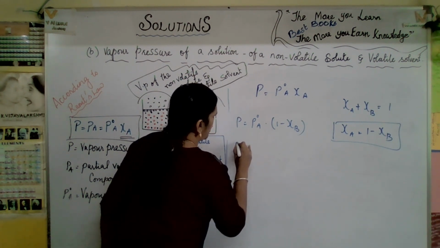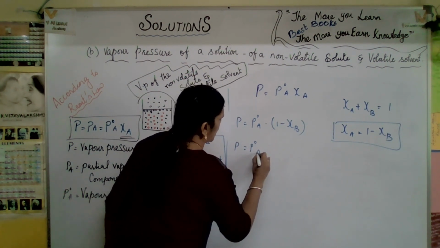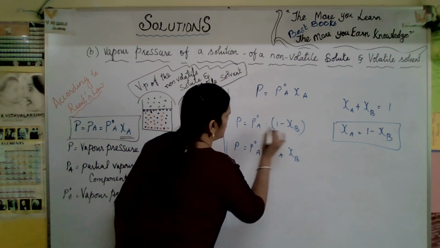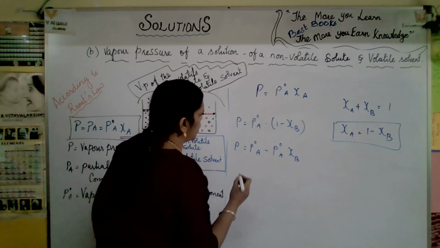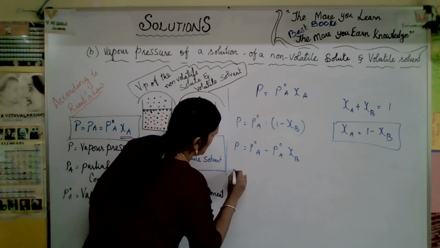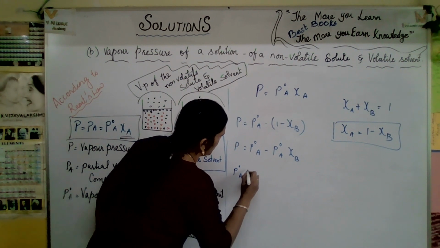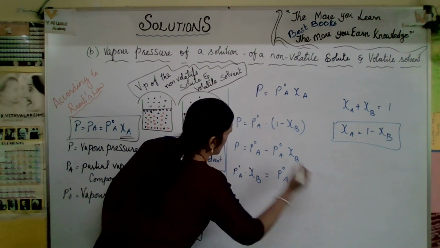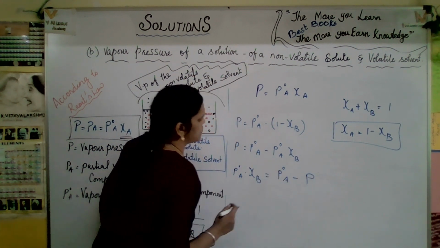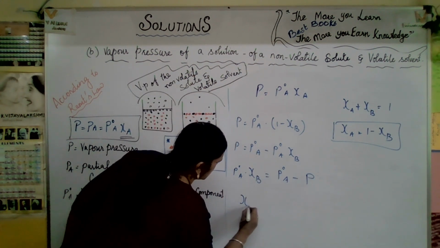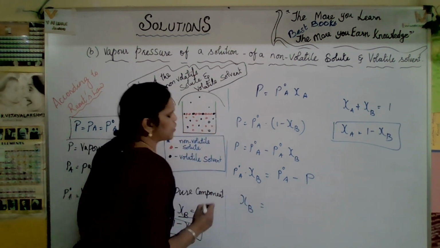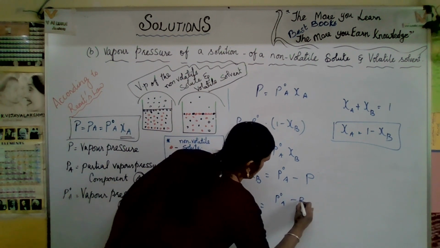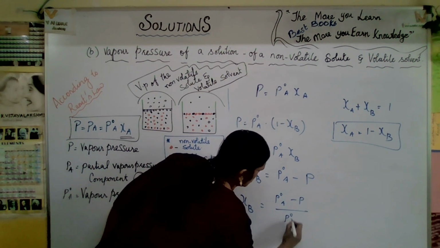So P equals P naught A minus P naught A chi B. Let us bring this to the other side: P naught A chi B equals P naught A minus P. Now chi B, the mole fraction of component B, equals (P naught A minus P) divided by P naught A.